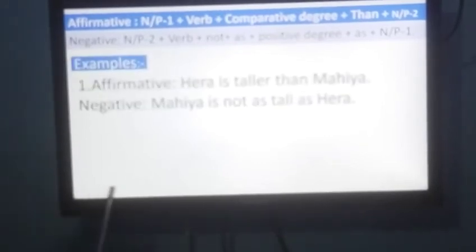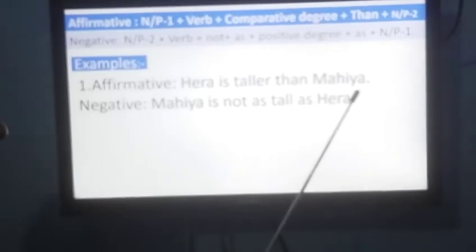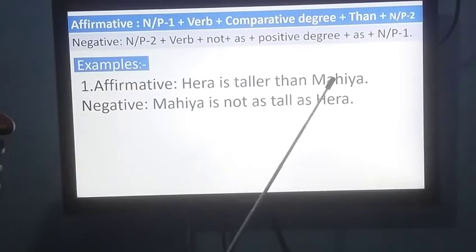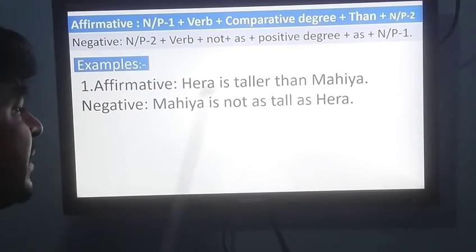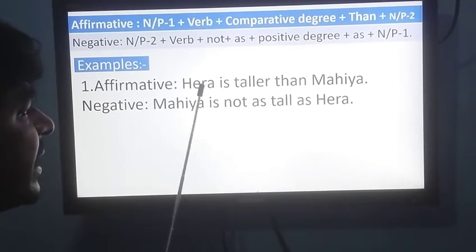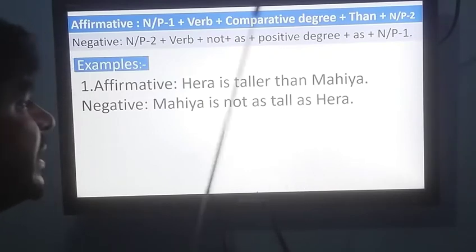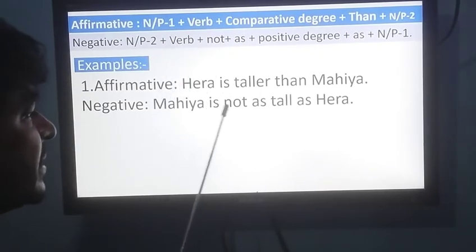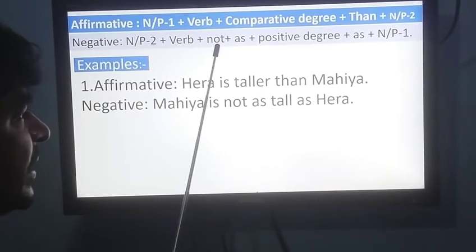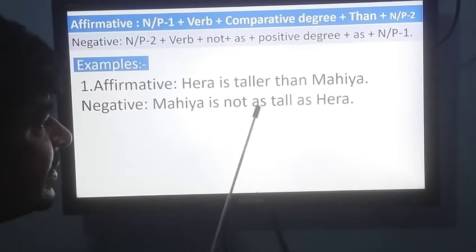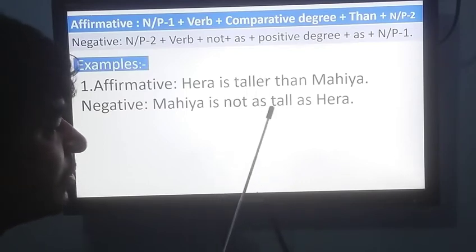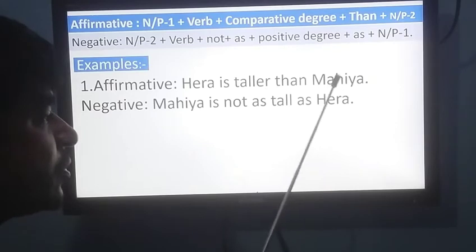Okay, now see the example. Hira is taller than Mahia. Here Mahia is noun pronoun 2, Hira is noun pronoun 1. Mahia has been used in the beginning of the sentence, then Hira has been used in the last part of the sentence. Then the verb "is" has been used, then we have to add "not", then "as" again, then "taller" has become the positive "tall": tall, taller, tallest.